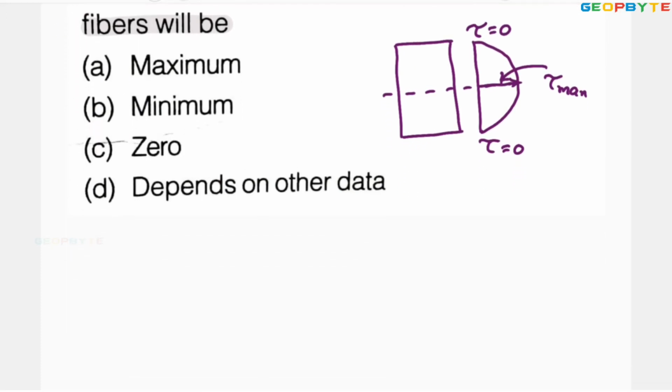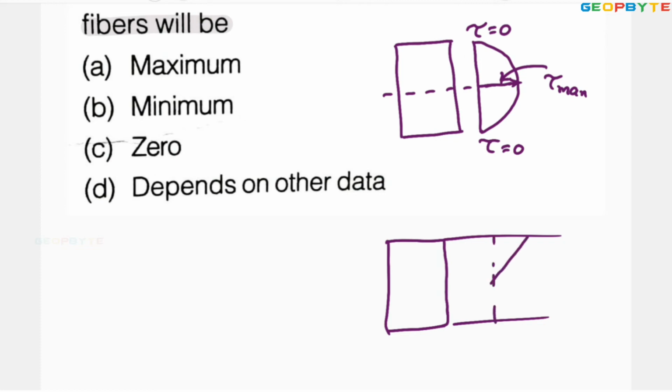For the same kind of rectangular beam, the bending stress varies like this. This is how the bending stress varies for a beam.